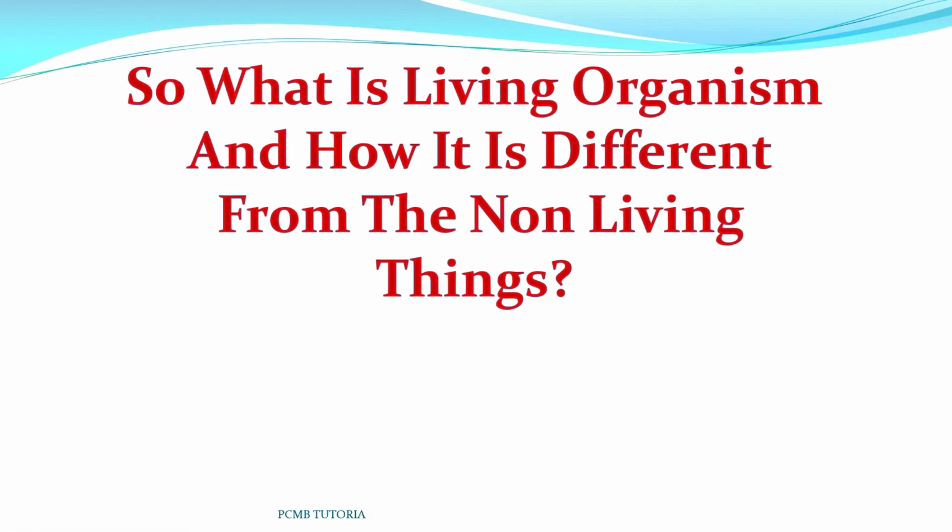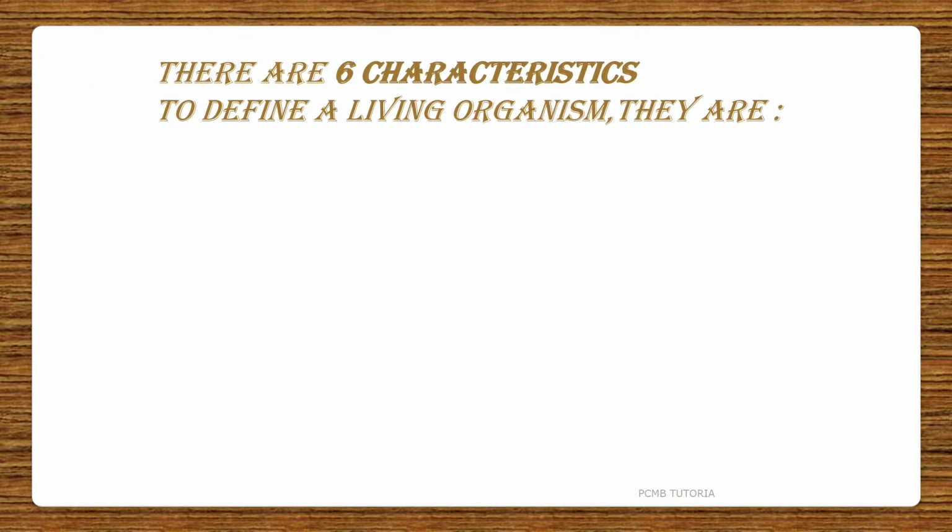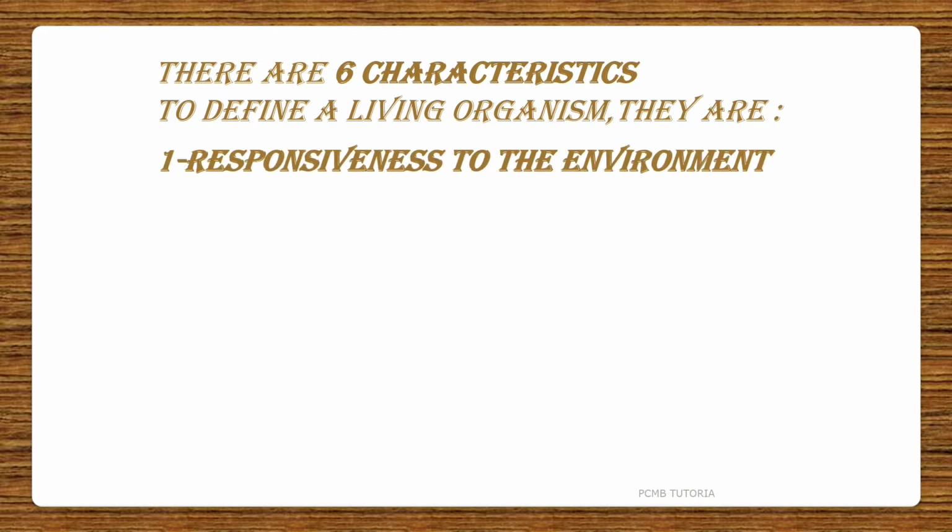Our first question is, what is a living organism and how is it different from non-living things? There are 6 characteristics to define a living organism. They are: number 1, responsiveness to the environment.